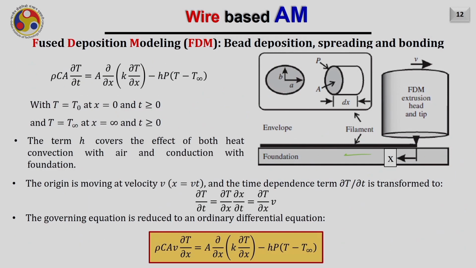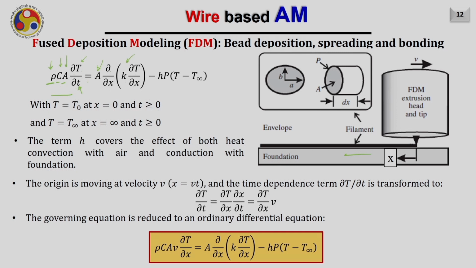So now I can write down the one-dimensional heat transfer equation like this. Here this is rho C A, where rho is the density of the material deposited, C is the heat capacity, A is the cross-sectional area, partial T by partial t, where T is the temperature and small t is time, equals A, the cross-sectional area, partial by partial x, of K partial T by partial x.